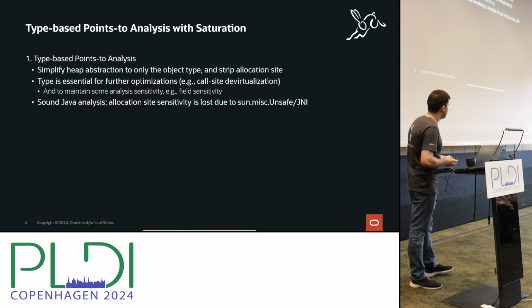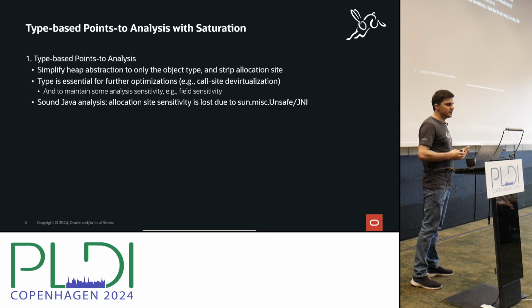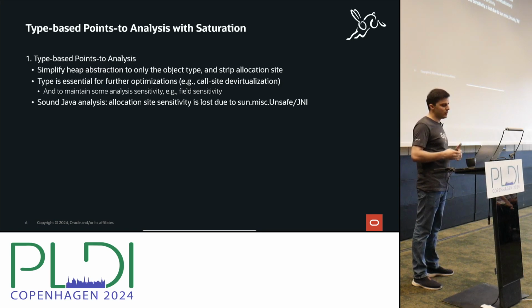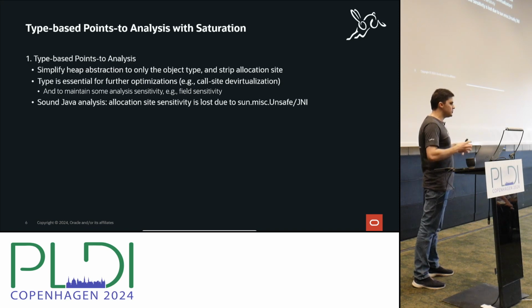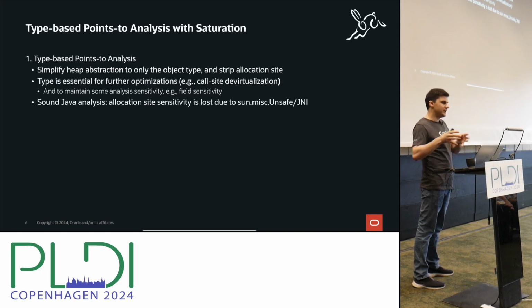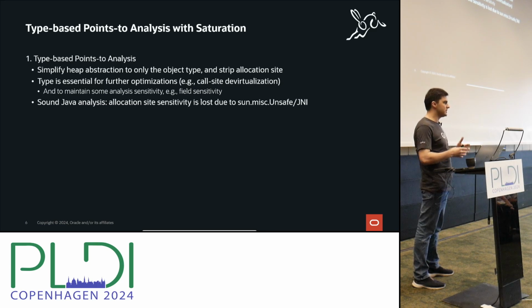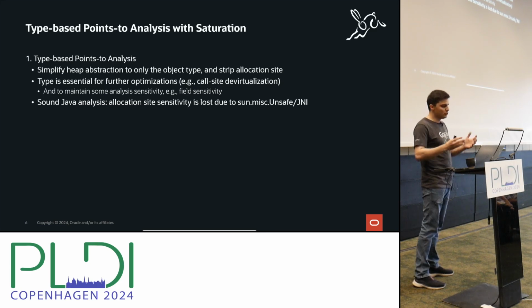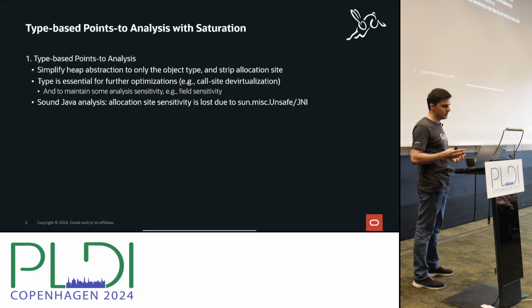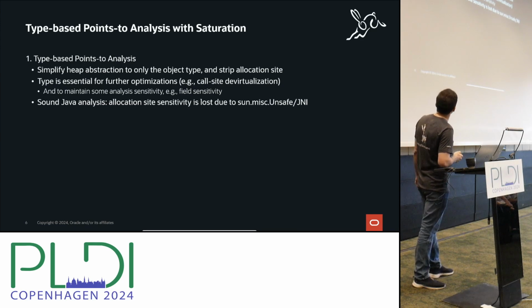But moreover, the allocation site is in general lost when you analyze Java features like Unsafe and the Java Native Interface. Once you pass an object from the Java world to the native world, you lose all the precision, because for soundness reasons, you have to assume that all objects of the same type are aliasing. So you lose all this allocation site sensitivity anyway, so we remove it from the beginning.